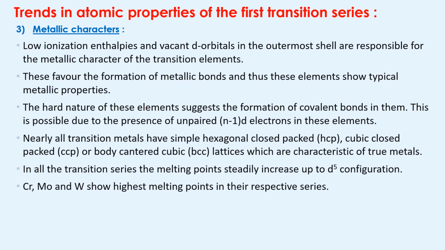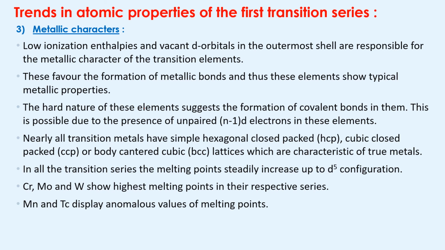For the first transition series, chromium shows the highest melting point; for the second, molybdenum; and for the third, tungsten. Manganese and technetium display anomalous values of melting point. After these elements, as the atomic number increases, the melting point decreases regularly.